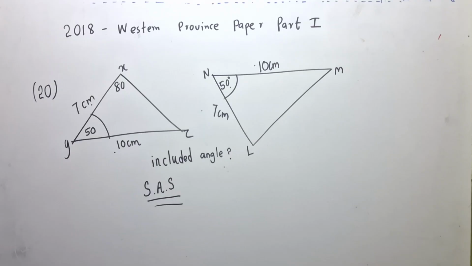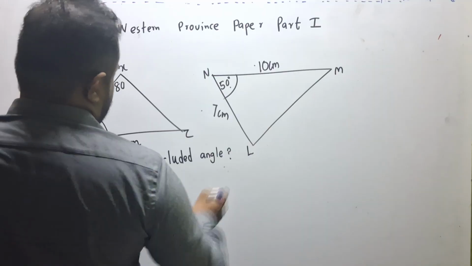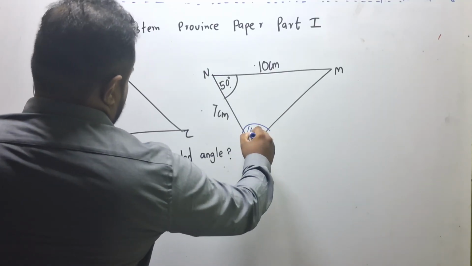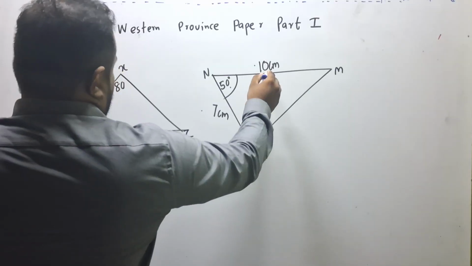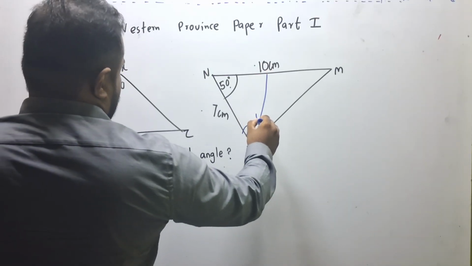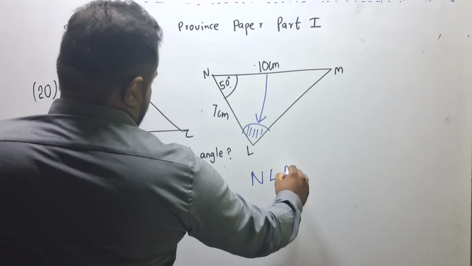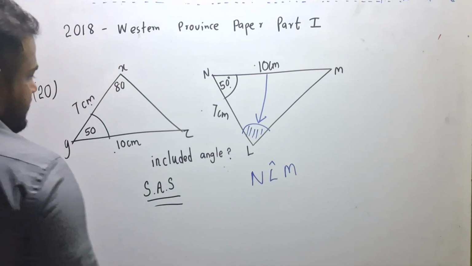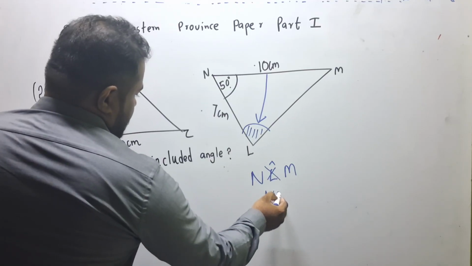They are asking for the magnitude of NLM. Magnitude of NLM, that means this angle. When you see NLM, it is the opposite angle of NM. NLM is the angle name; when you cut the middle part, you will get NM.